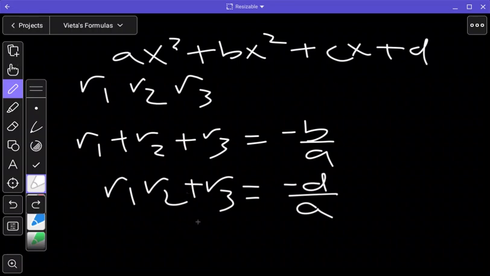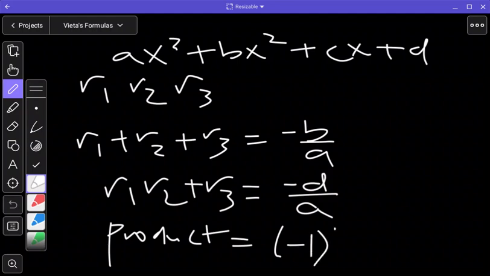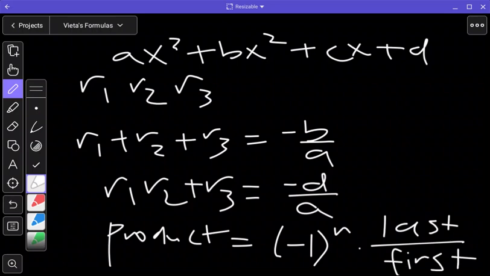And you can generalize this for any degree polynomial, where you can conclude that the product of all your roots is equal to negative 1 raised to the nth power, where n is the degree of your polynomial, times your last term over the leading coefficient of your first term.